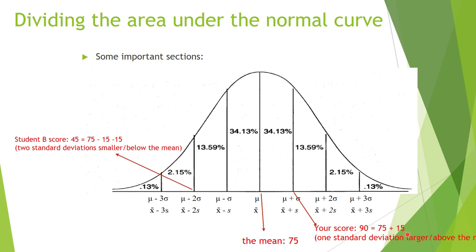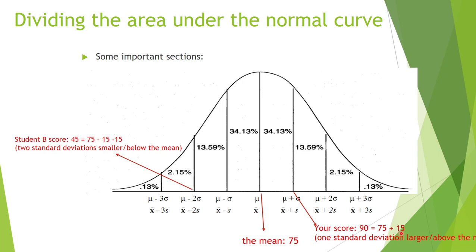If you break down your score into mean and standard deviation, you will find out your score 90 is the mean plus 15, which is the standard deviation.